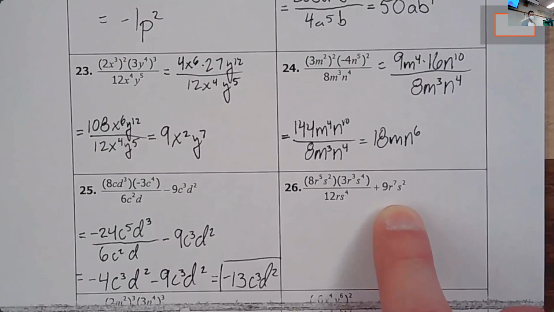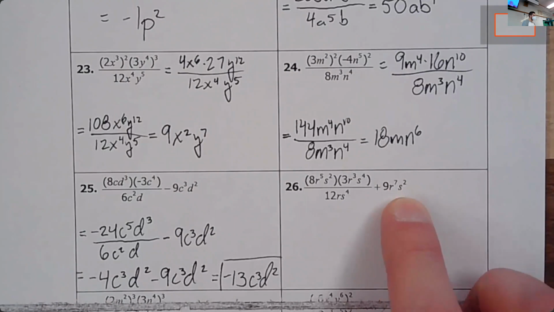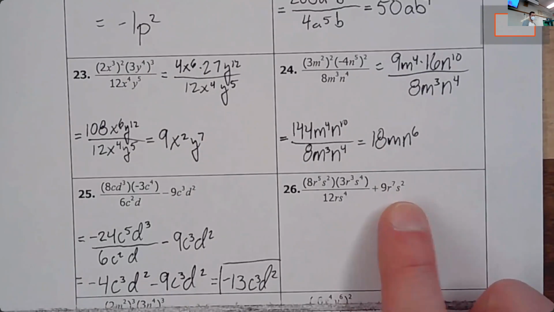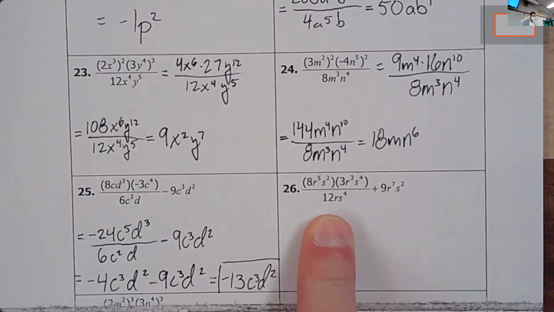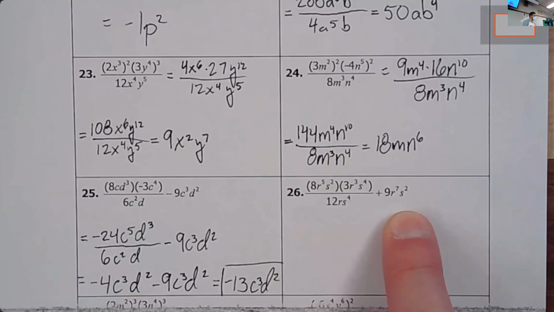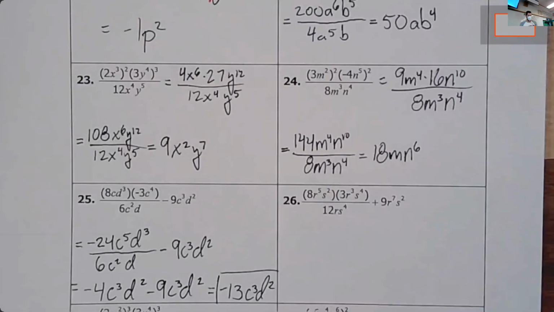It won't always be like that, but one of the main reasons why we're practicing this is because we are going to be using combining like terms quite a bit. So I wouldn't always expect it, but I would say that a lot of the time, the variables and exponents from all this stuff here are going to match the variables and exponents with whatever is being added on the end. So let's go ahead and do our product rule here.